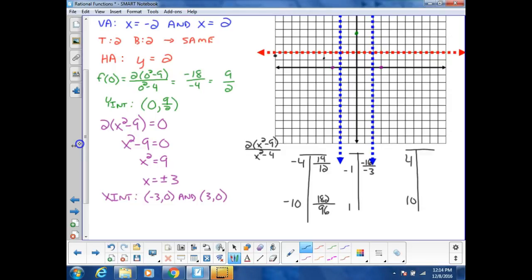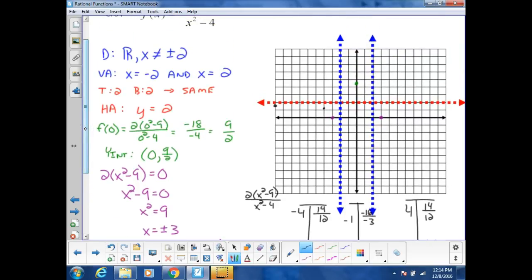Now, notice how it's all squareds in my function, right? That means that the opposites are going to be the same. So this is going to be negative 16 over negative 3. This is going to be 14 over 12, and this is going to be 182 over 96. All going to be the same. Ooh, that's 1, 2, 3, 4, 5, and a third.